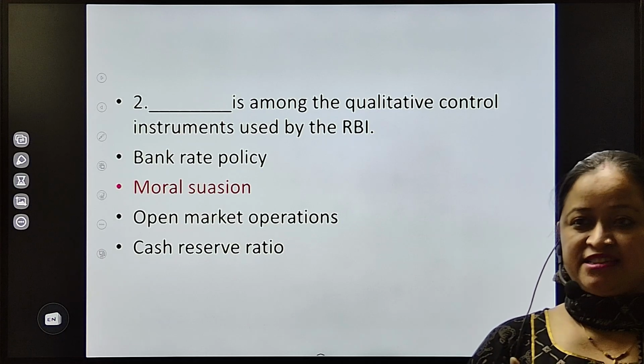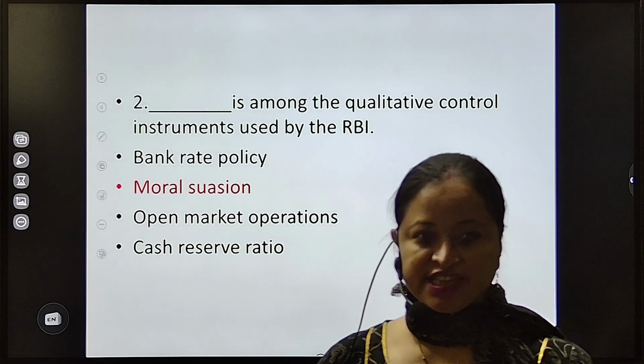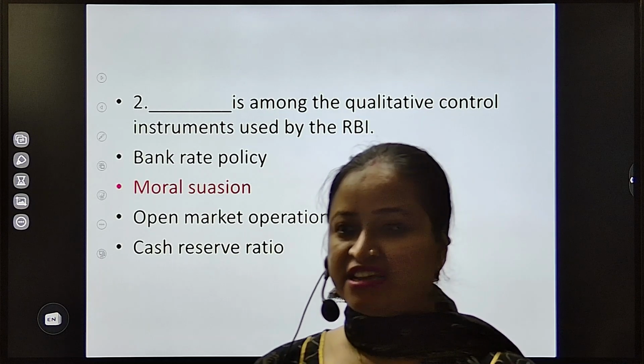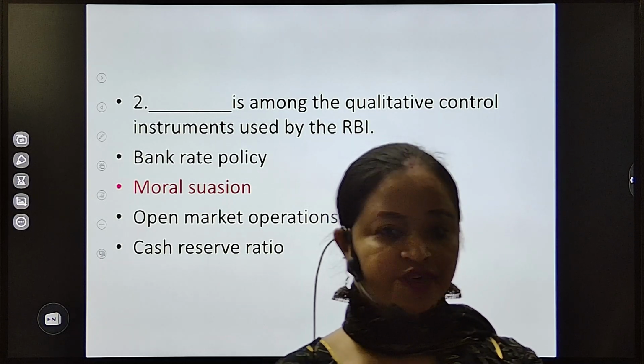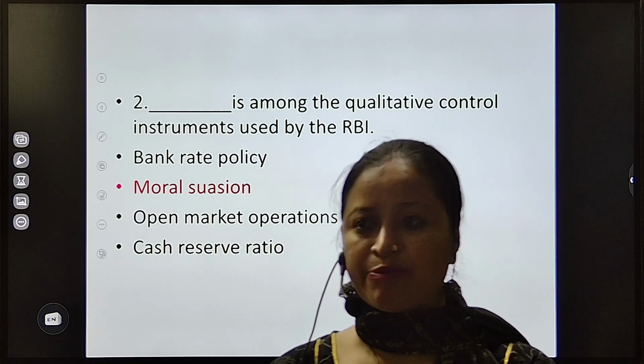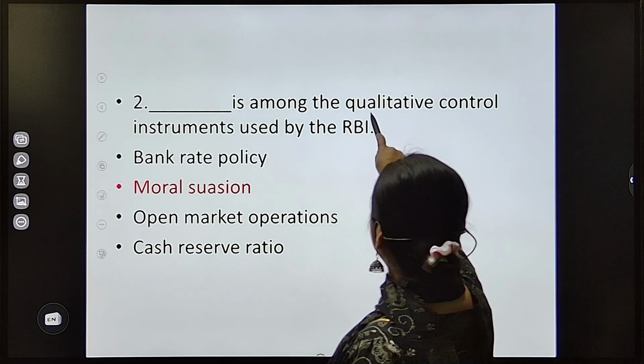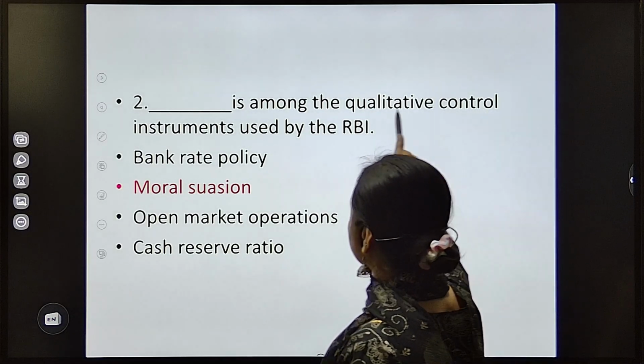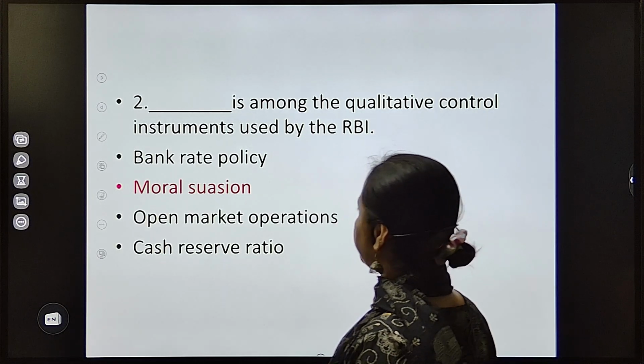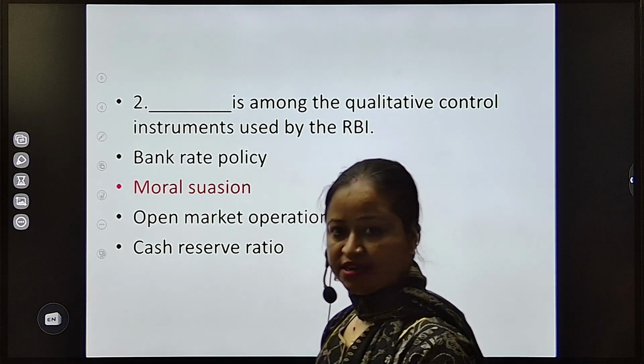Morally, the RBI is telling all the commercial banks to stop giving credit to the public. So that is a qualitative credit control instrument used by RBI. Have you all written?